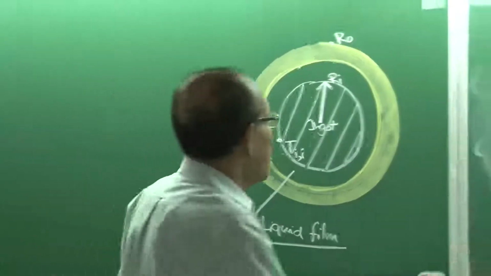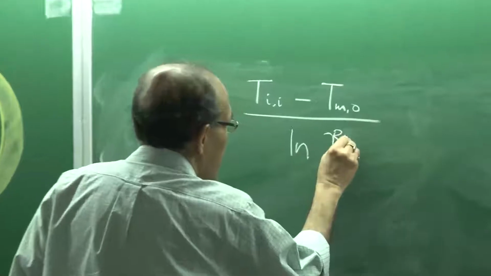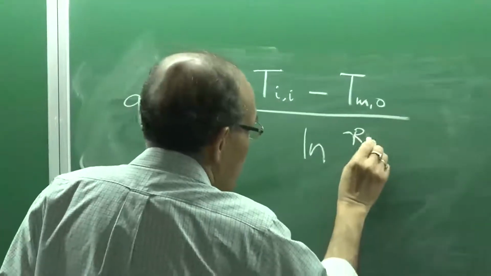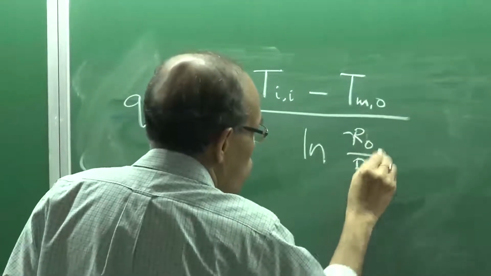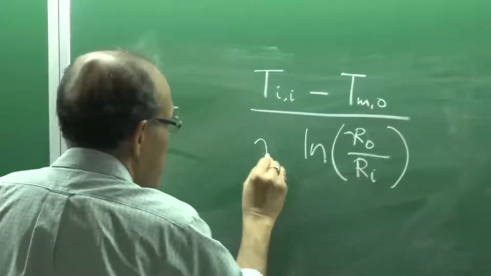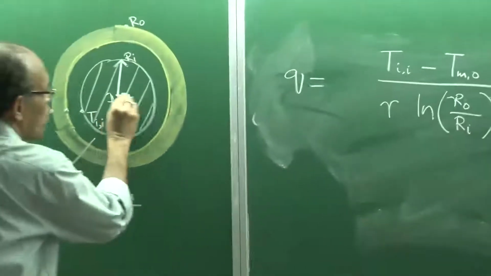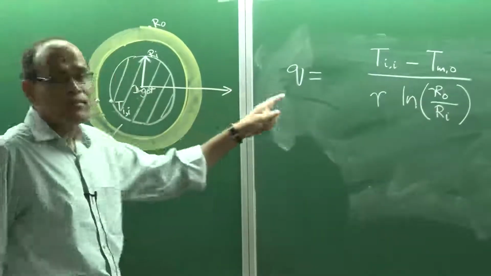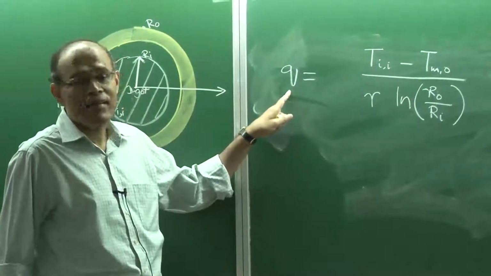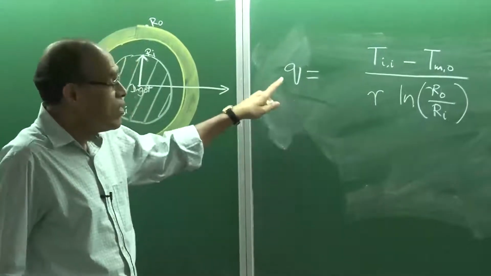So this is ln R outer by R, and this R represents the radial coordinate. This equation we have done in one of the assignments, so we can calculate.